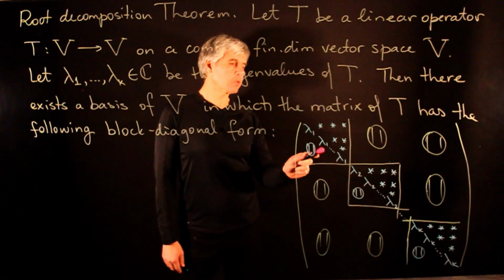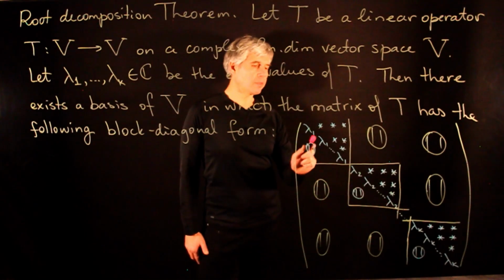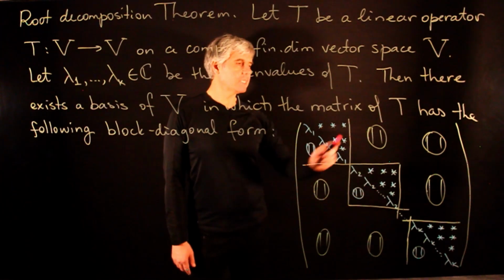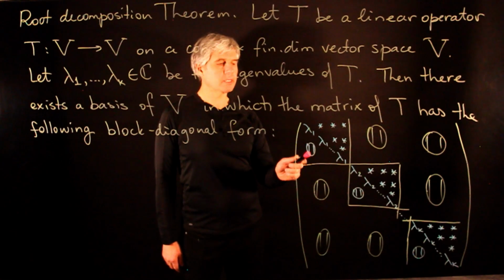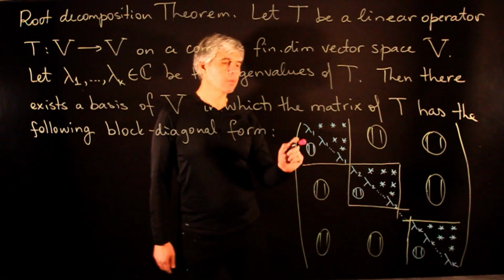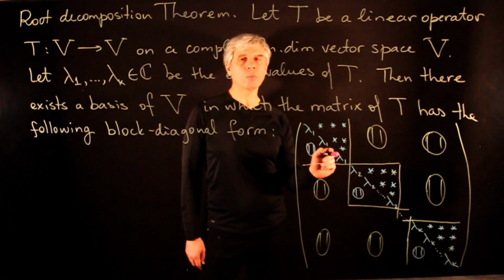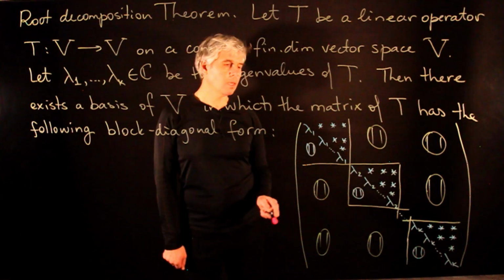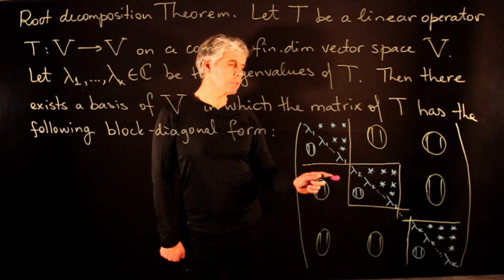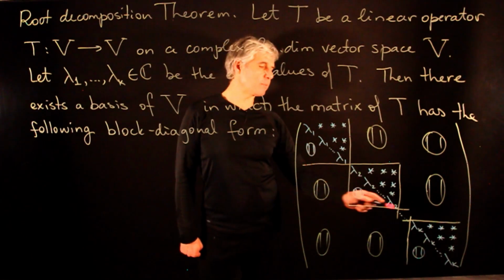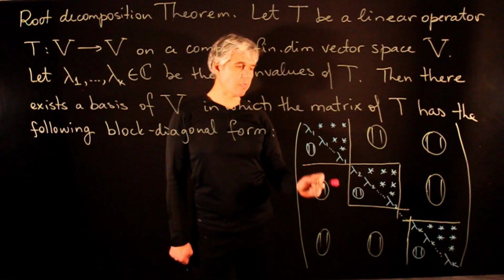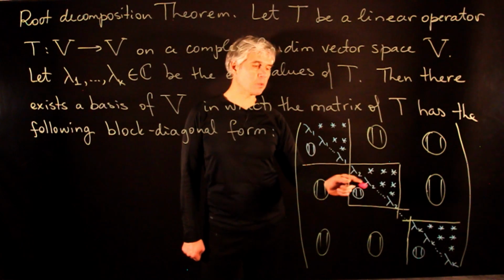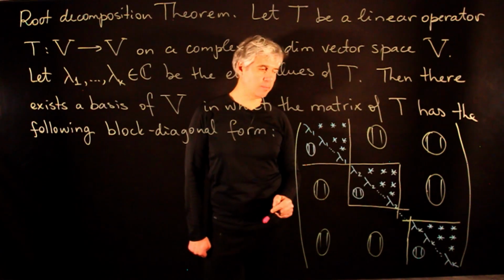Here we have square blocks placed on the diagonal. We have zeros outside of these square blocks, and each block is an upper triangular matrix with a single eigenvalue along the diagonal. Each square block corresponds to a T invariant subspace, and we claim that each of these subspaces is the root space that corresponds to this given eigenvalue.